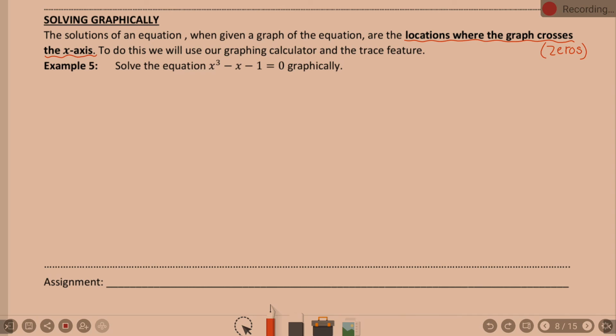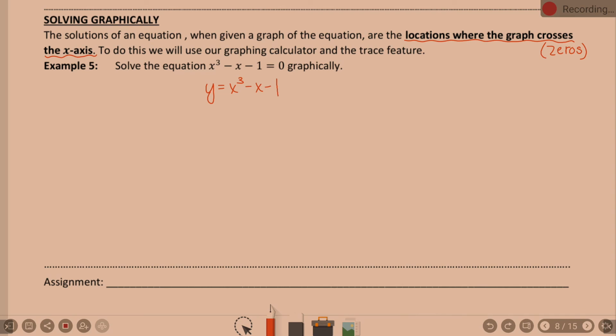Now, probably should write something more than just an answer down on this paper, shouldn't we? Okay? And what I usually try and do is write some clues, because are you guys going to remember that? Not a chance, right? So what we typed into the calculator was y equals x cubed minus x minus 1, right?